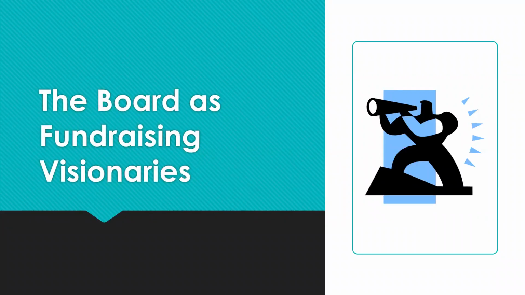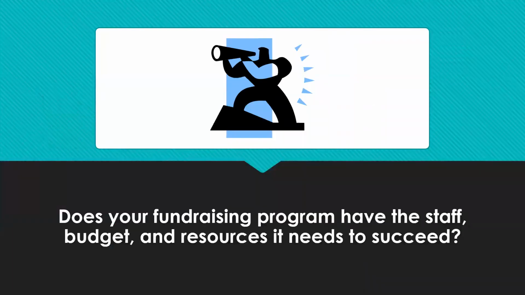Often this happens, as I was just alluding to, because the fundraising program doesn't have the staff or resources that it needs to meet its goals. One of the most important roles of the board as fundraising visionaries is to make sure that the fundraising program is fully resourced, that it has the people, the budget, and other resources that it needs to meet the organization's revenue goals.